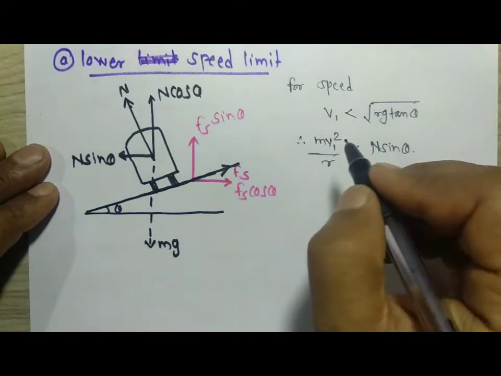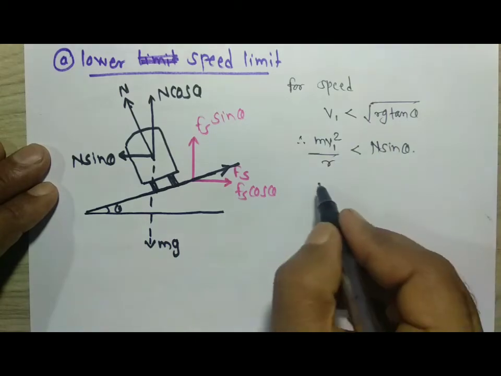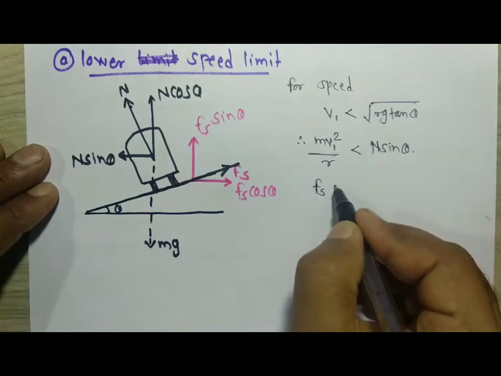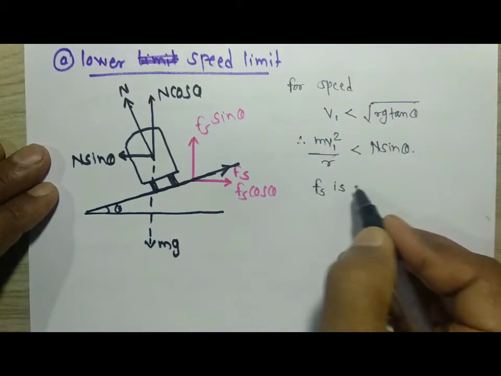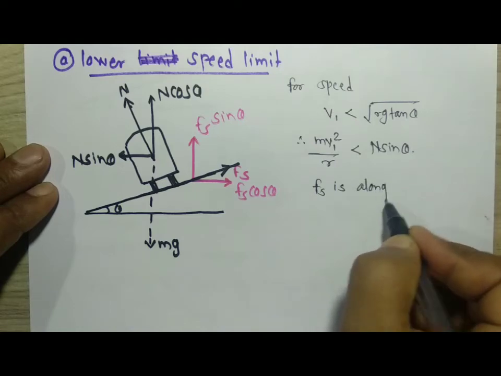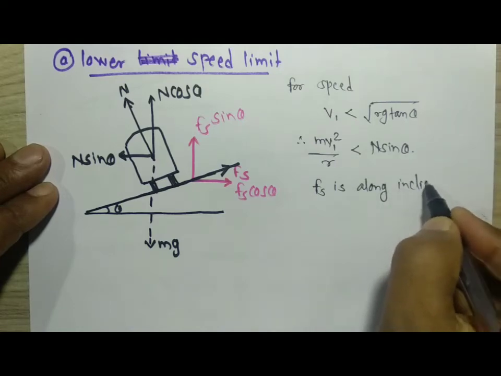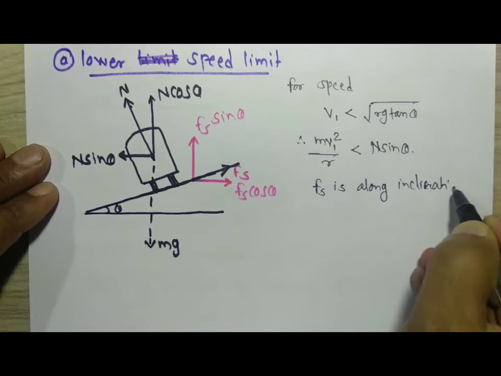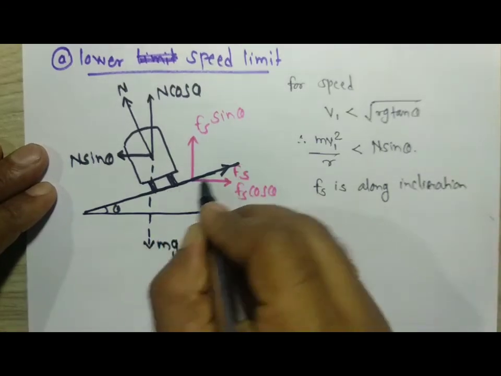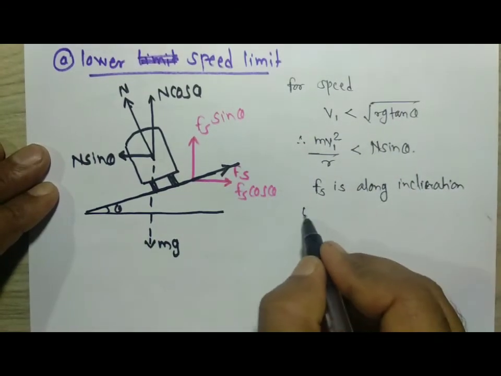At that time, the direction of static friction, now here Fs is along the inclination, that is Fs is acting along the inclination in the upward direction.